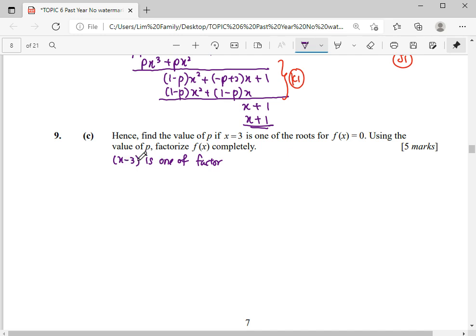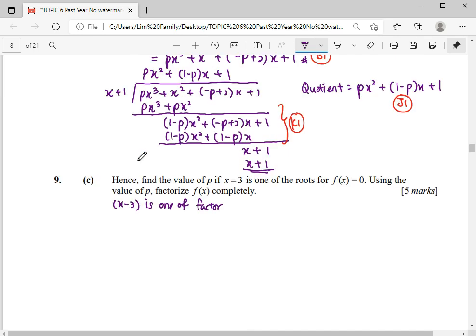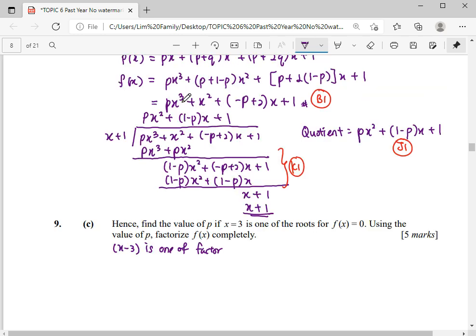So we can use our factor theorem to find out what our p is here. We substitute x equals 3 into our polynomial, and it will be 0, because it is our root, it is our factor. Then we substitute 3 into our f(x).